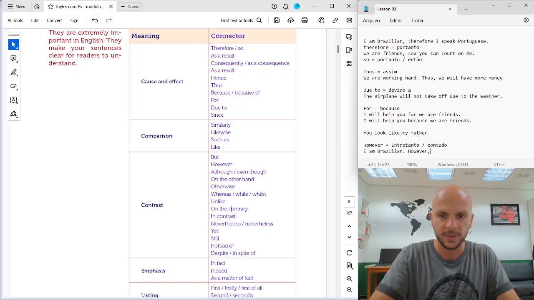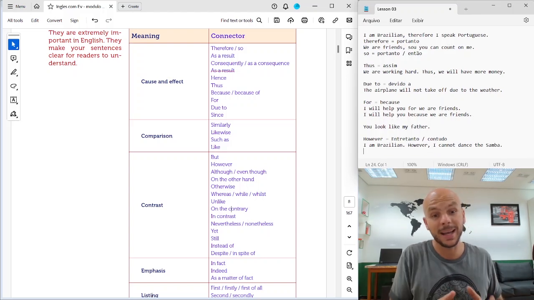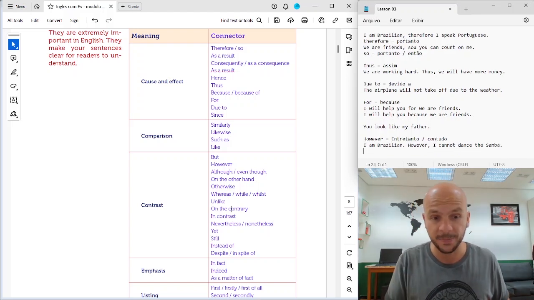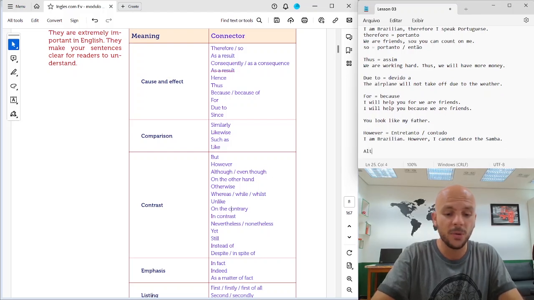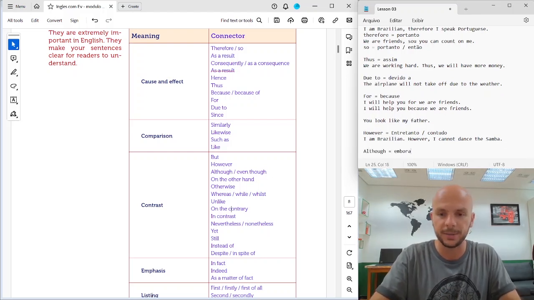However, I cannot dance the samba. I'm Brazilian. However, it's a contrast idea. Although, I like to translate as embora.